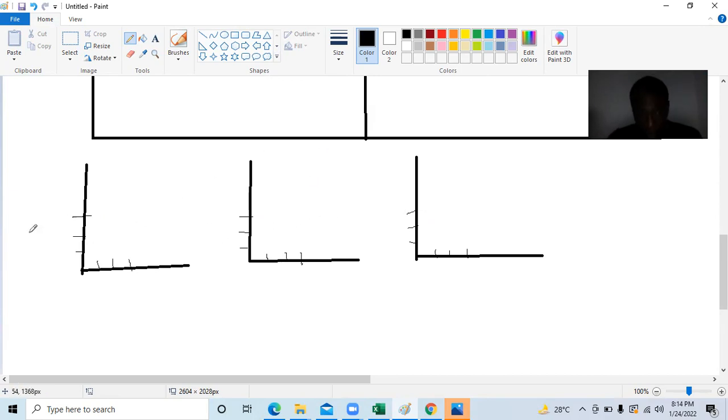If our theta 0 is 0.5 and our theta 1 is equal to 0, then we'll have a graph like this, with 0.5 in the middle here.